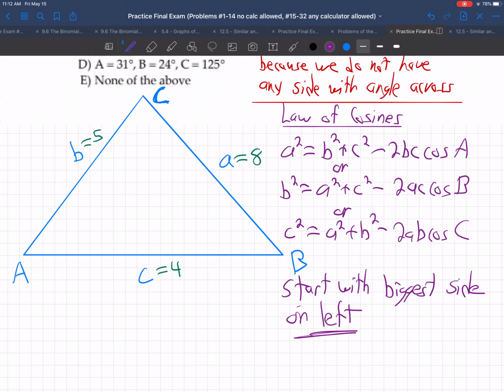That's really important. When you're doing the law of cosines in this situation, you start with the biggest side on the left. Now, I'll give you the reason for that in a minute, but trust me, it really matters. It'll mess you up if you don't. So which side is the biggest? Well, the 8. So I'm going to use this version of the law of cosines.